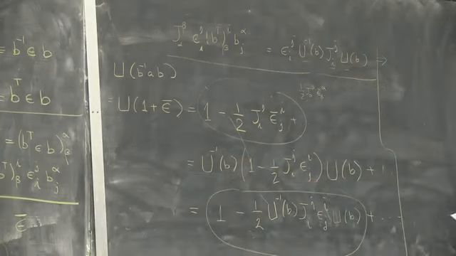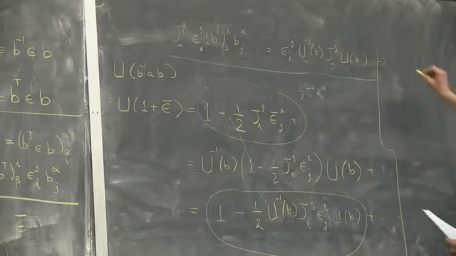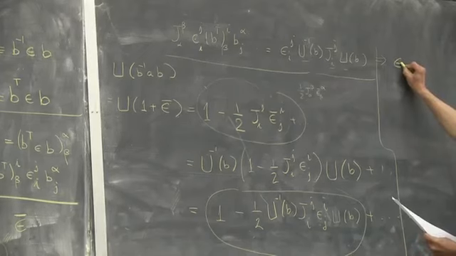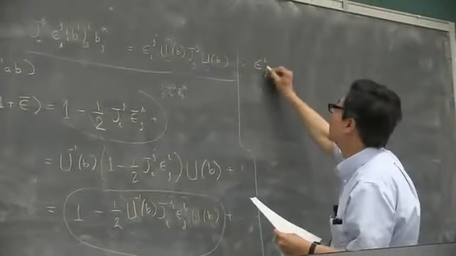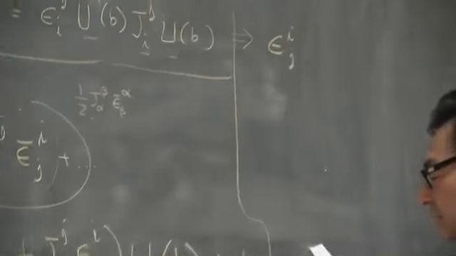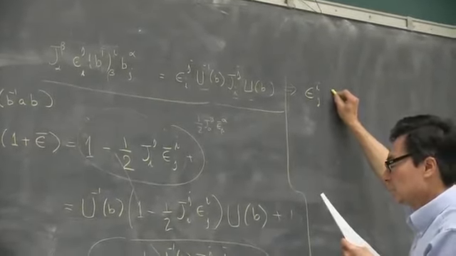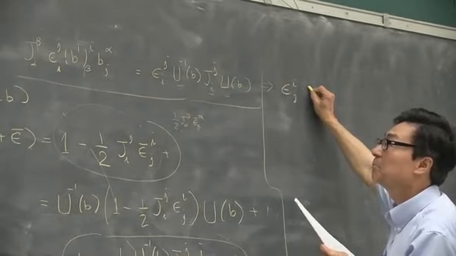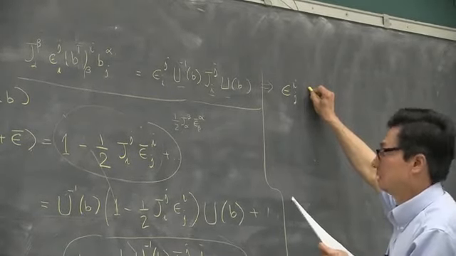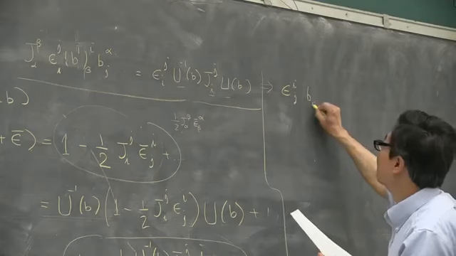So doing that, I will have epsilon ij, like that, and I will have B transpose. Let me write B i alpha first. B i alpha.